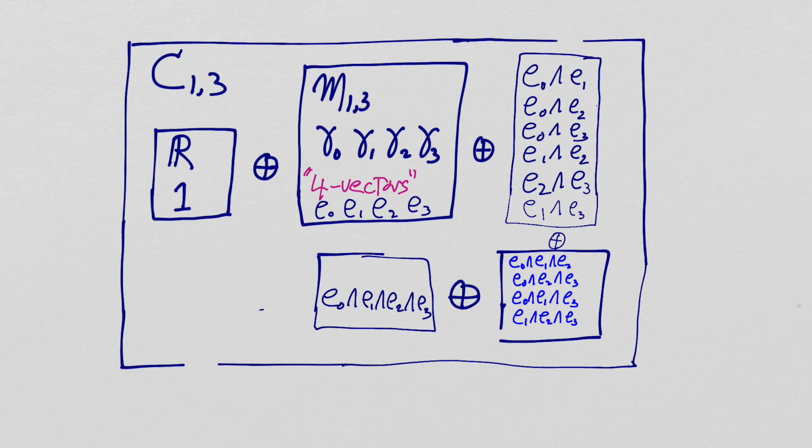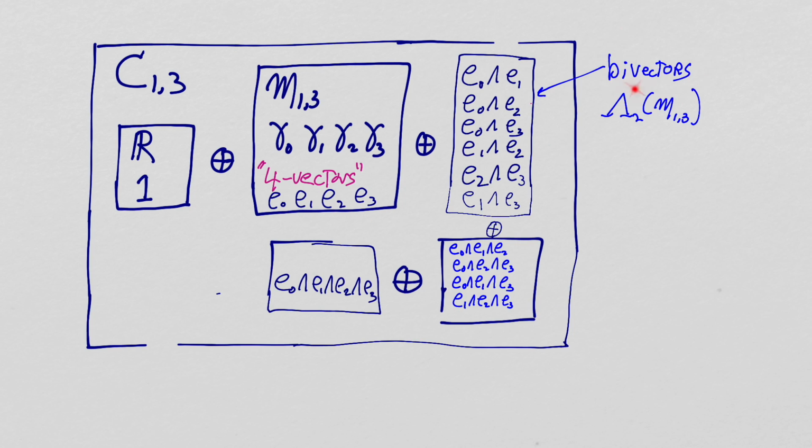We have our vectors, which in the paper we're going to call these basis vectors for M13, gamma 0 through gamma 3. And we understand them to be four vectors of special relativity. And we also are, but we'll mix that between E0, E1, E2, and E3. And I'll make the transition soon enough. And then we add our bivector space, right?